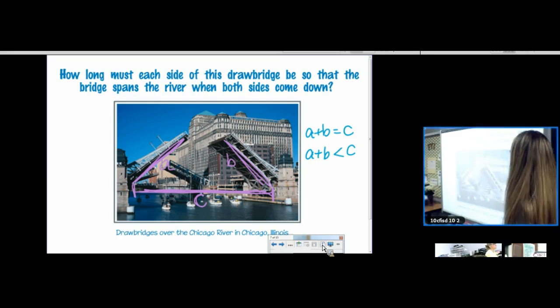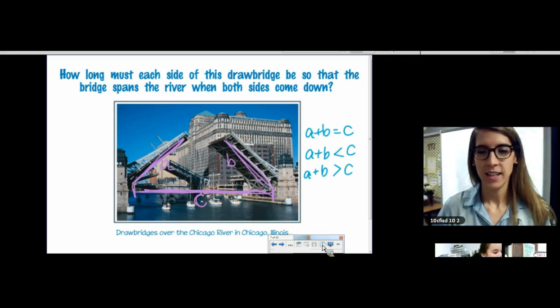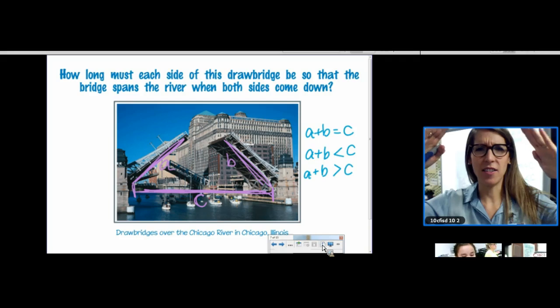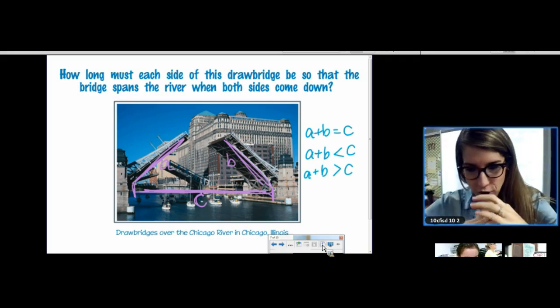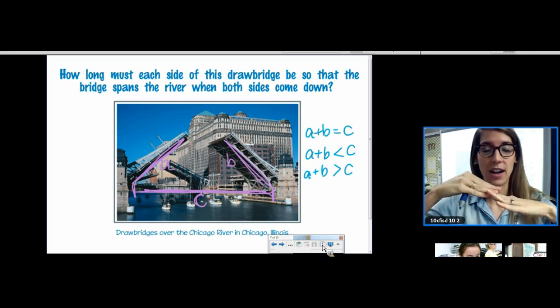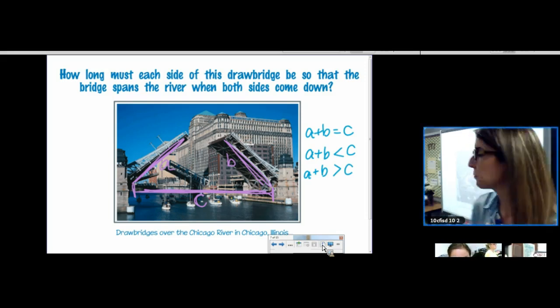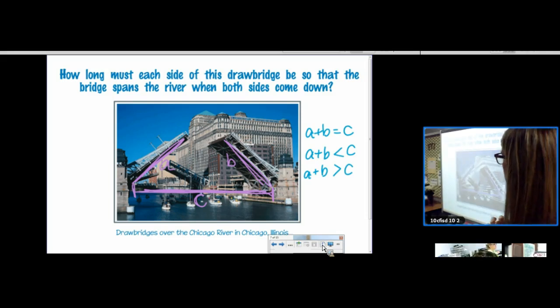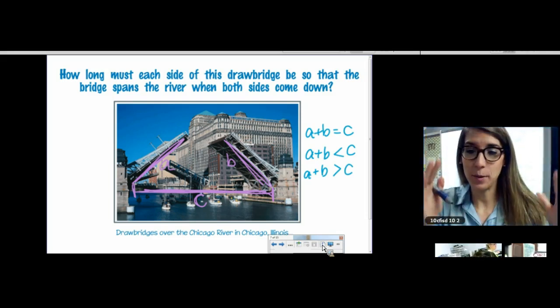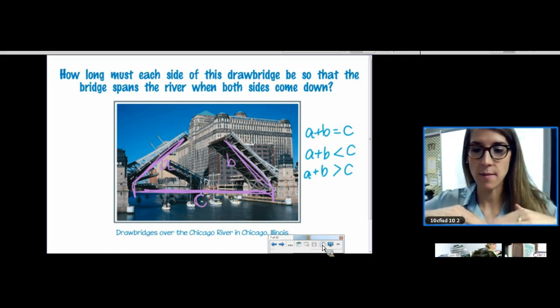All right, what would the repercussions be if A plus B is greater than C? When they let those drawbridges down, there would be some overlapping, and the cars would crash into the bridge. So we would want neither of those to happen. It would take very specific side lengths of those bridges, whoever designed that. And if there was shifting of the earth, that would really affect how those came down, right?